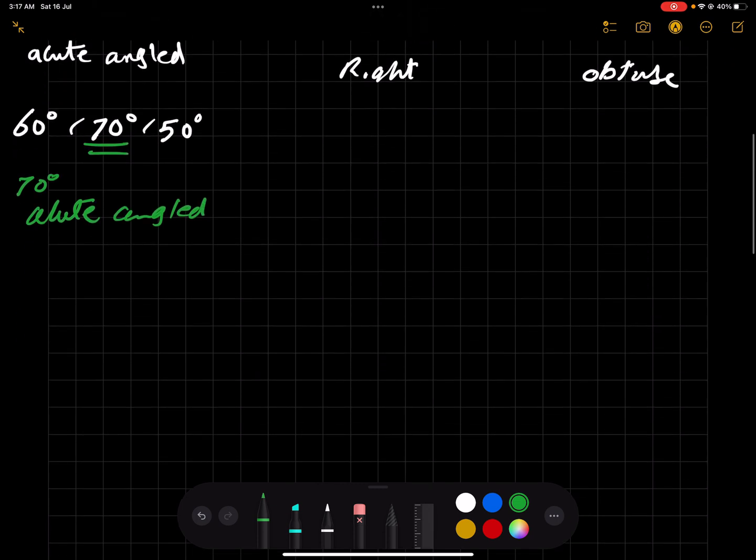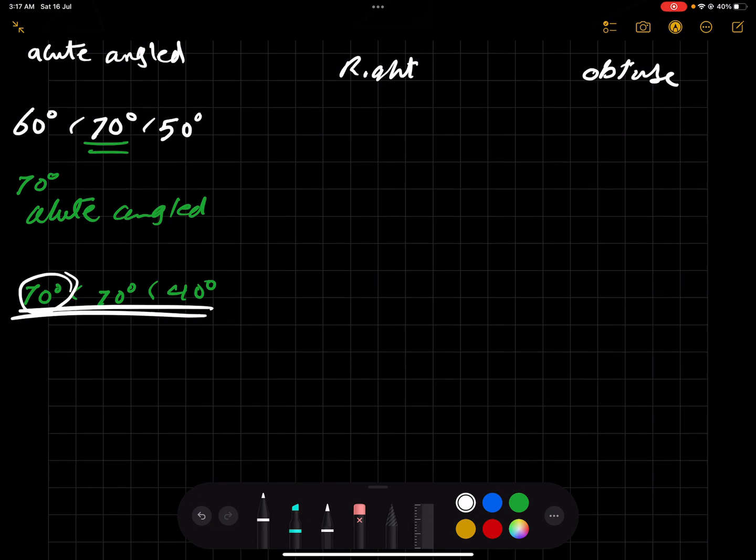What if we have another one like 70 degrees and 40? You have to determine which of these three angles is the greatest, and you find 70. The others, I don't care. So 70 is acute, which means the whole triangle will be an acute angle triangle.